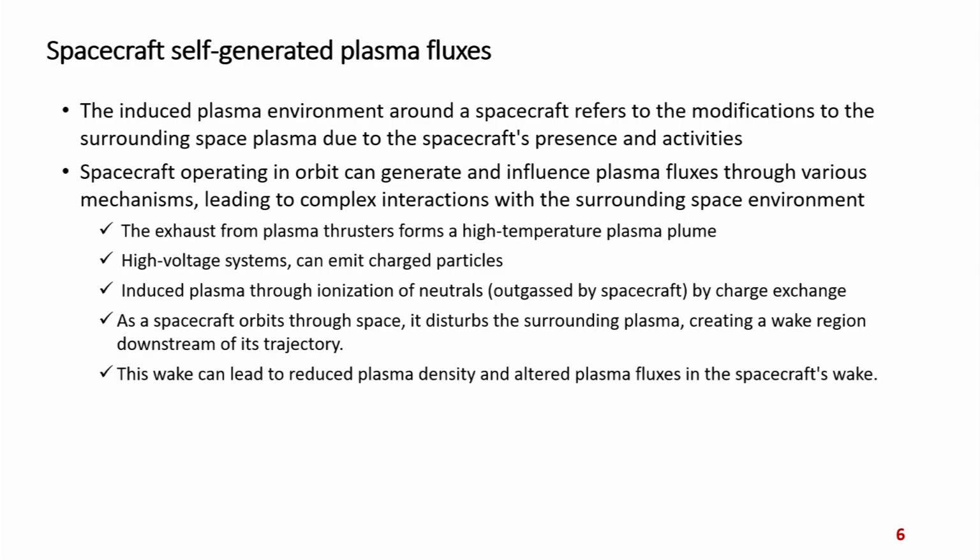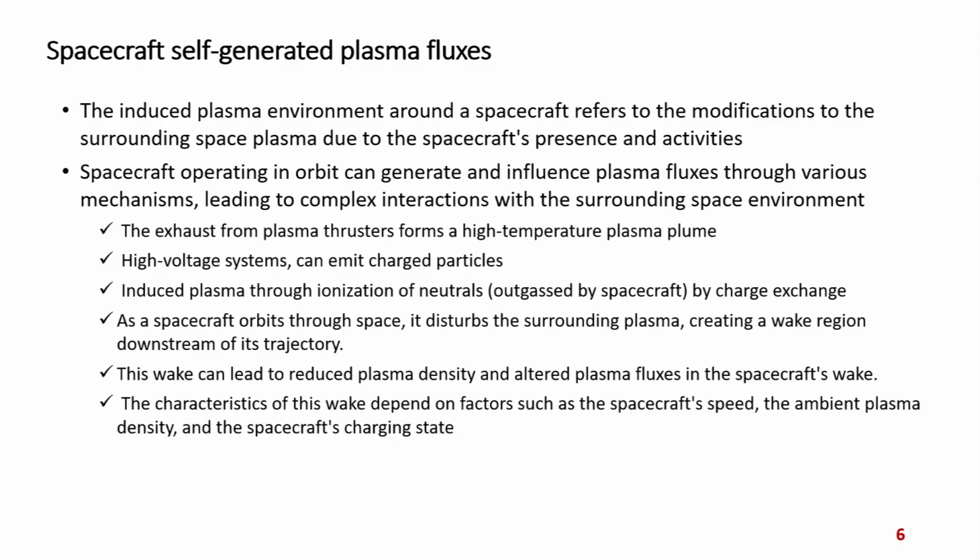So, this can lead to a reduced plasma density and altered plasma fluxes in the spacecraft wake. This can also give rise to problems because of these changes or shock waves. The characteristics of this wake depend on factors such as the spacecraft speed, the ambient plasma density and the spacecraft's charging state.